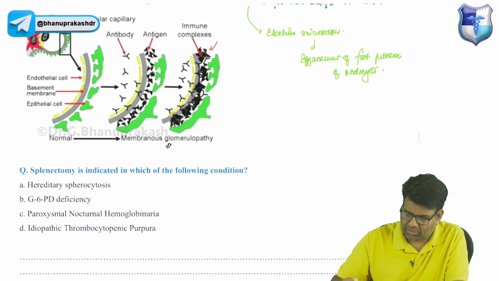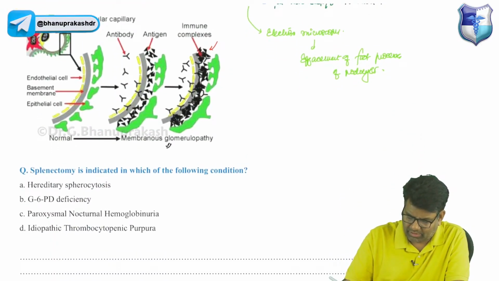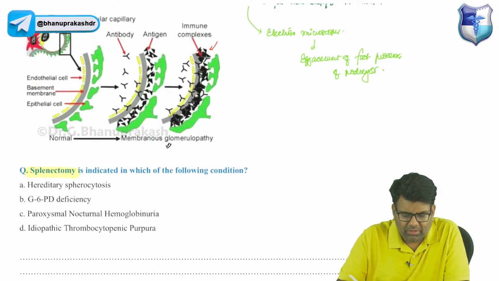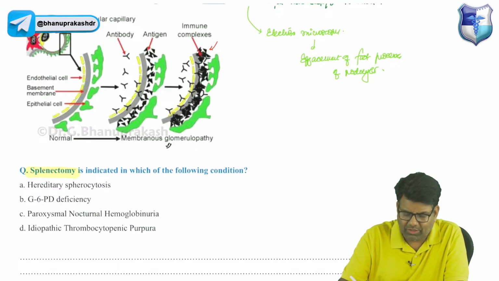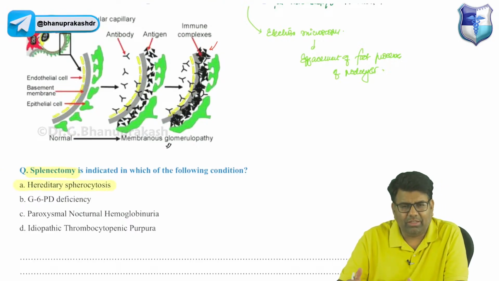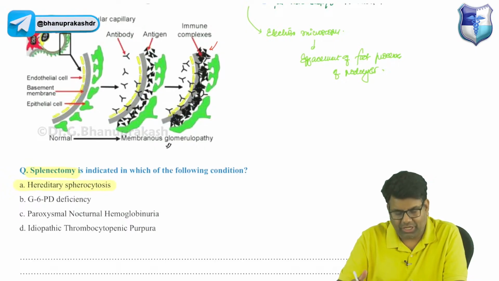Yeah. Next question, everyone can answer this. We have already discussed where we need to remove the spleen. When should we remove the spleen? The first condition is hereditary spherocytosis, where the RBCs are spherical in shape.